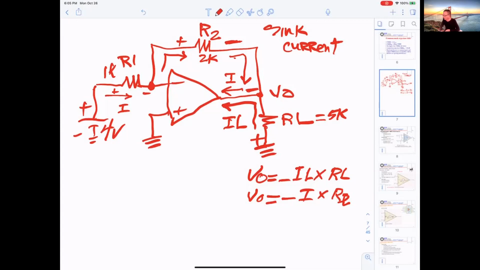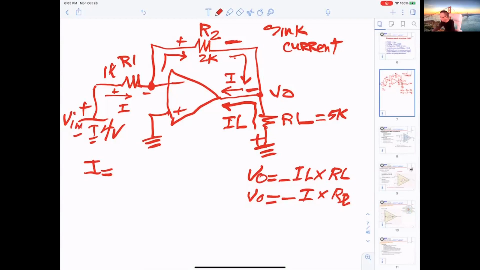Okay. Now what I need to do is calculate the I. What current I equal? Just look into the circuitry and tell me what I equal. That's what I call VE. Yeah, 4 milliamps.